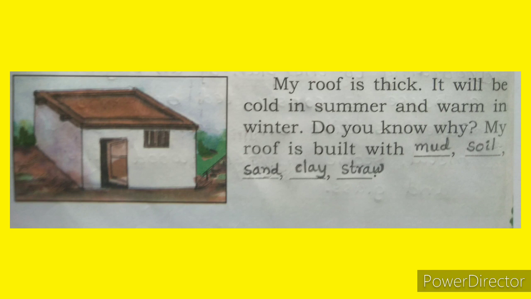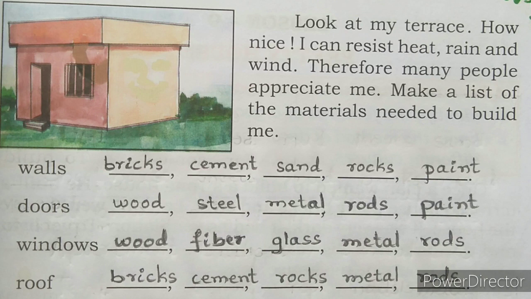Okay. Next, look at the picture. Look at my terrace. How nice. I can resist heat, rain and wind. Therefore, many people appreciate me. Make a list of the materials needed to build me.